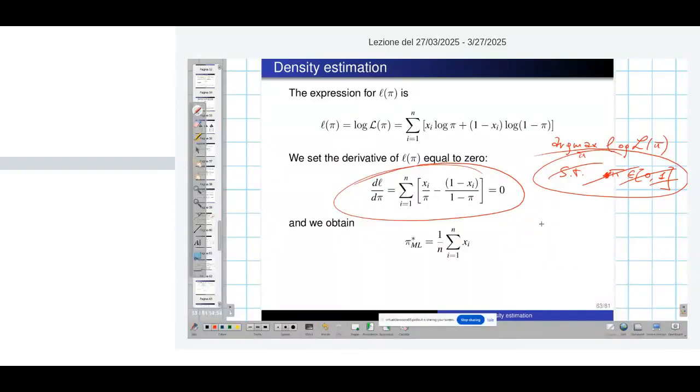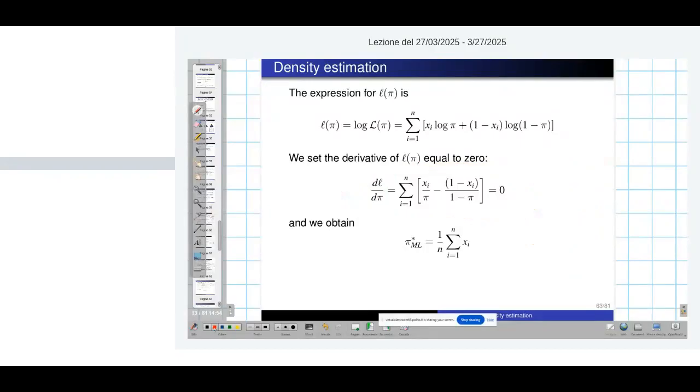If I have this function as a function of pi, and I need to minimize with respect to pi, subject to the fact that pi must be between 0 and 1, if I minimize the function without the constraint and I find that the global minimum is between 0 and 1, that is also a minimizer of the constrained problem.